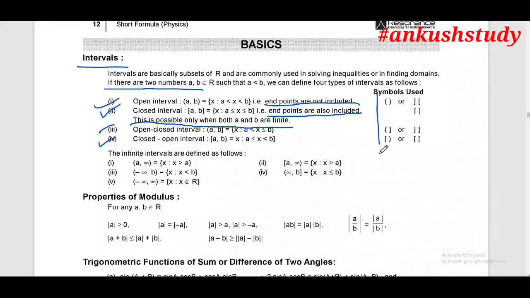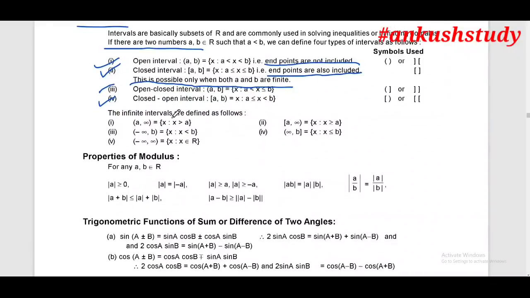So these are the symbols used. You should take a screenshot on your mobile or device and keep it safely so that these symbols do not confuse you. You can revise it every time.